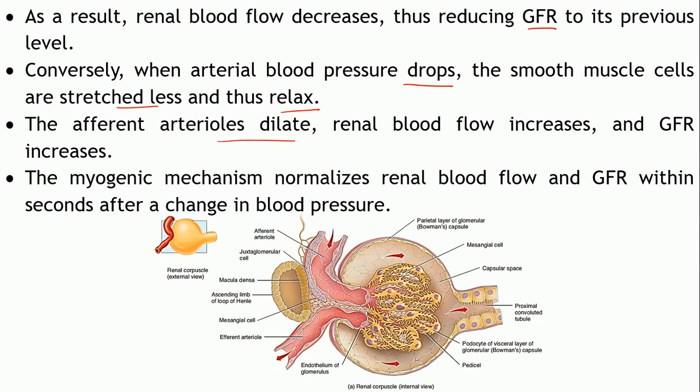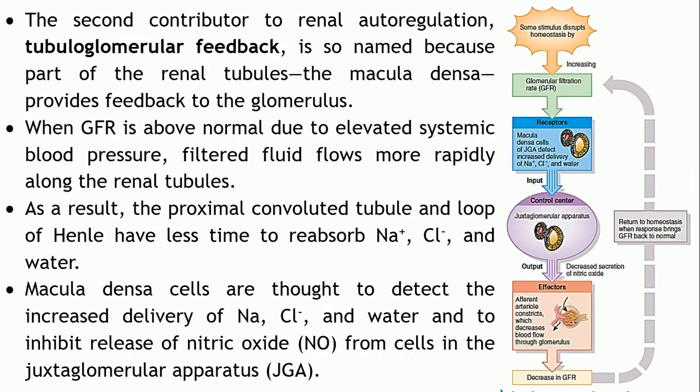So dilatation of these arterioles will increase the blood flow and this will result in increase in the GFR. So it will help in normalizing the altered GFR within seconds after the change in the blood pressure. So according to the alteration in the blood pressure, the flow is adjusted and the GFR also will get automatically adjusted.